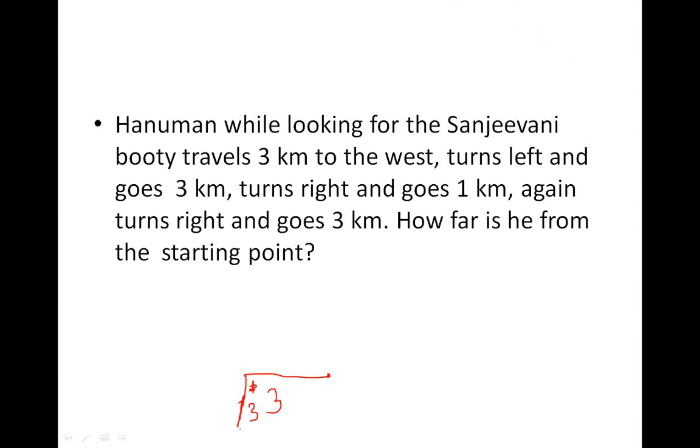Turns left and goes 3 kilometers. Turns right and goes 3 kilometers. Turns right and goes 1 kilometer. So right would be, you have to position yourself as if you are walking here. Then only you will know what is right and what is left. So right would be 1 kilometer here, right?